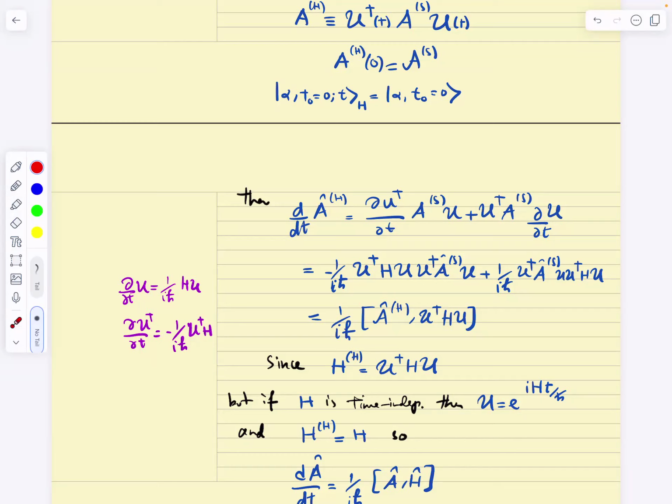So there's no distinction between the Heisenberg Hamiltonian and the Schrodinger Hamiltonian when your Hamiltonian has no explicit time dependence. However, if your Hamiltonian does have explicit time dependence, these equations are no longer valid. Remember, what we had for U was some sort of crazy Dyson equation or a time-ordered exponential. Once you have the time-ordered exponential, they no longer commute, so you need a Heisenberg Hamiltonian that's different from the Schrodinger Hamiltonian.